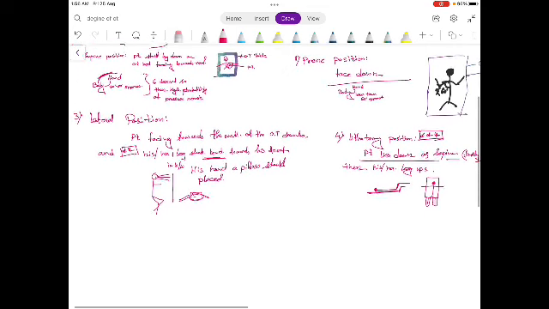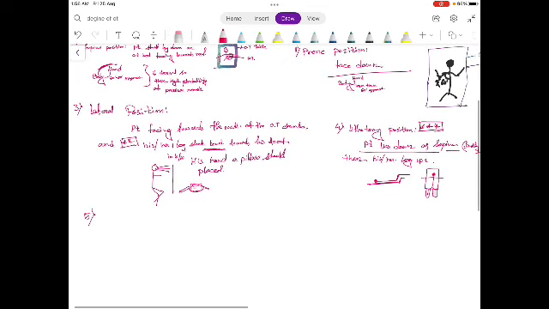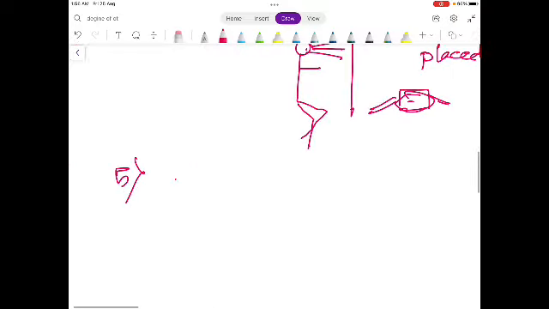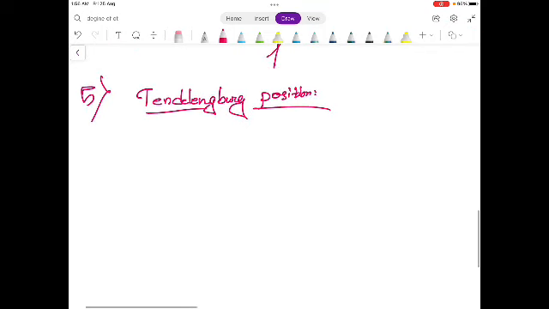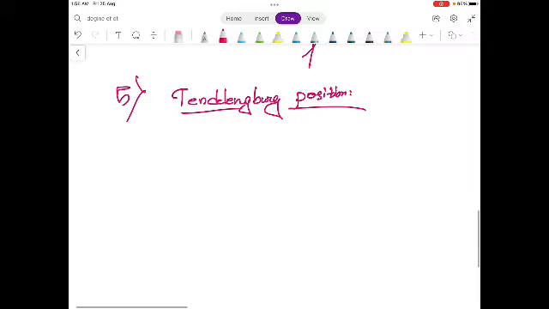Then we are thinking about the Trendelenburg position, right? So here is the Trendelenburg position. How to maintain the Trendelenburg position?